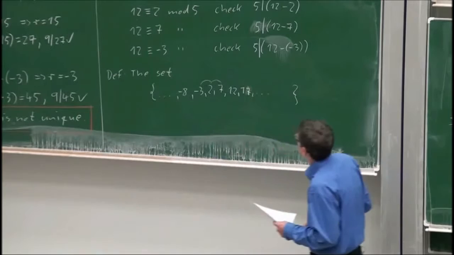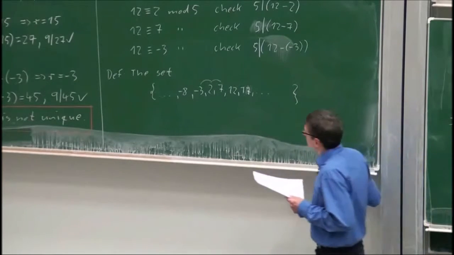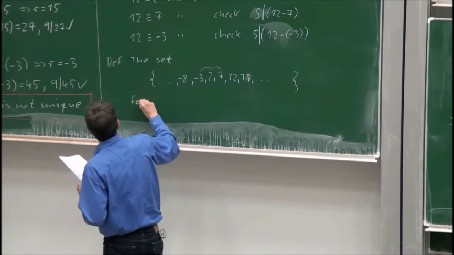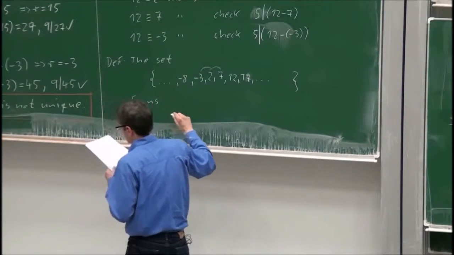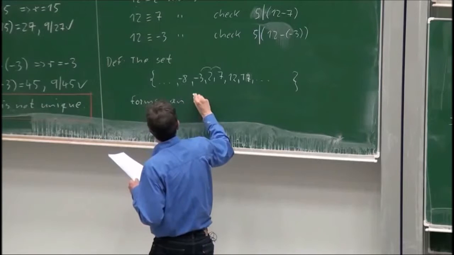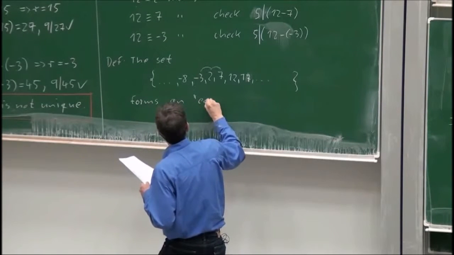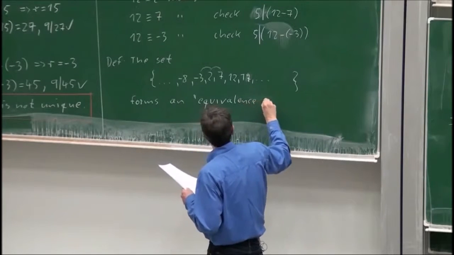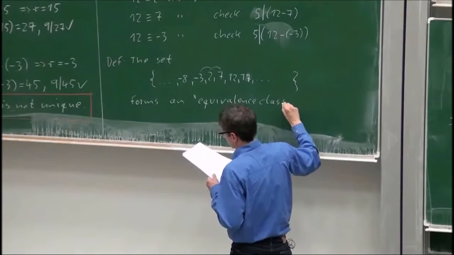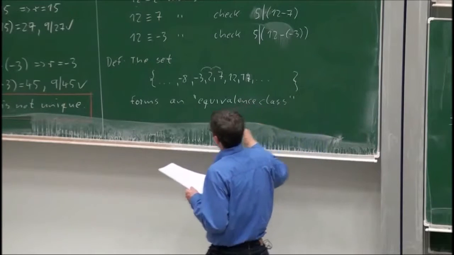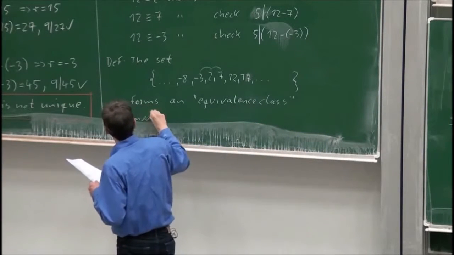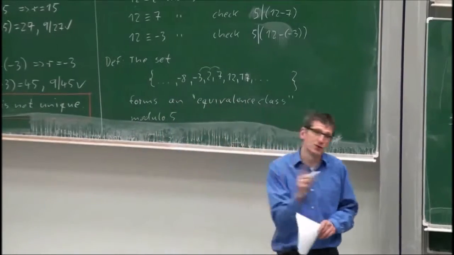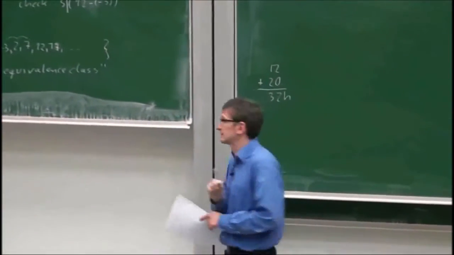Okay, 17. So this forms an equivalence class modulo 5. And now comes the important additional sentence.